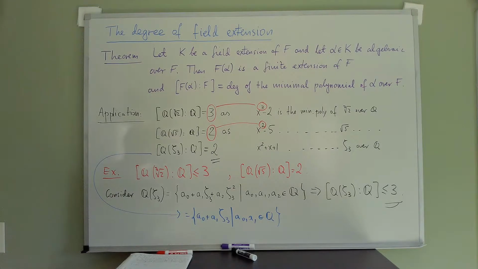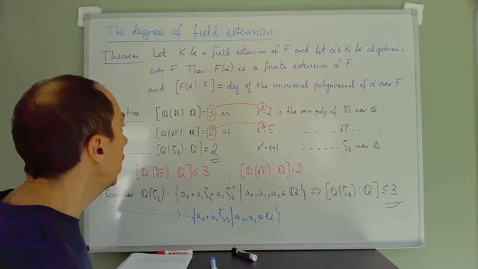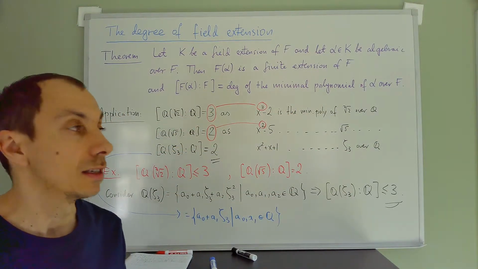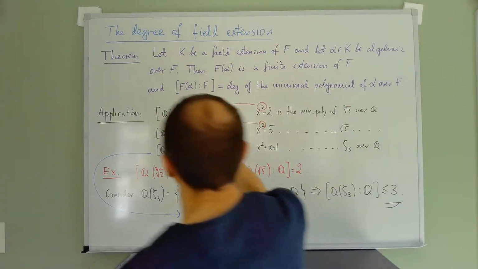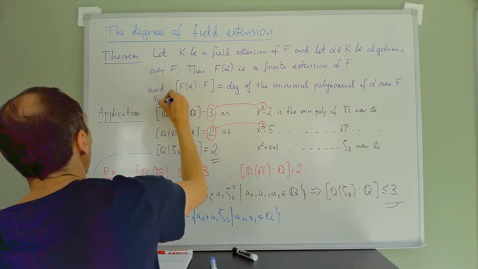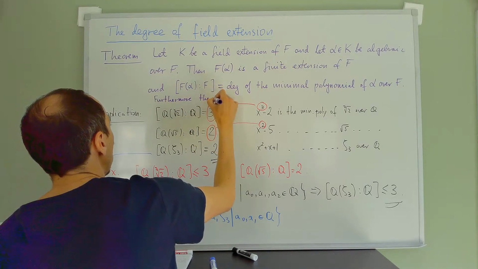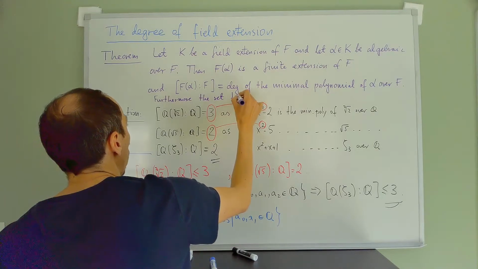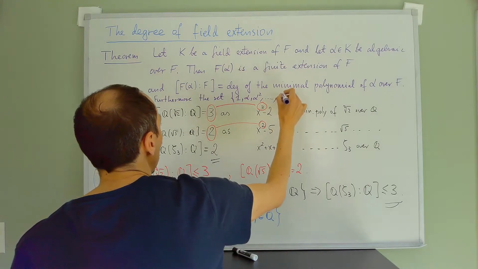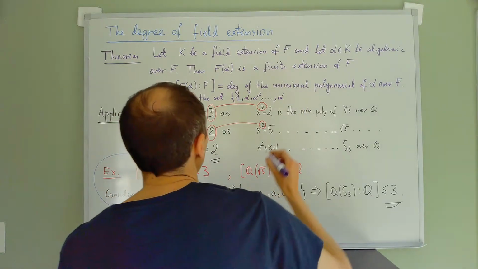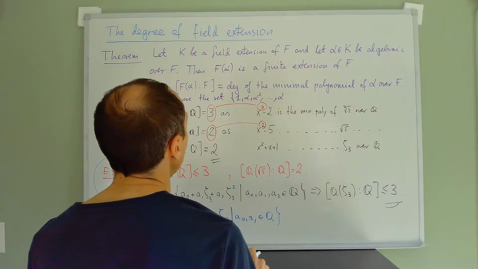In fact, let me add to this theorem one other very useful thing. Namely, this theorem also gives us a basis. So this is the degree of the minimal polynomial. Furthermore, the set 1, alpha, alpha squared, alpha to the... I need a letter for this degree.